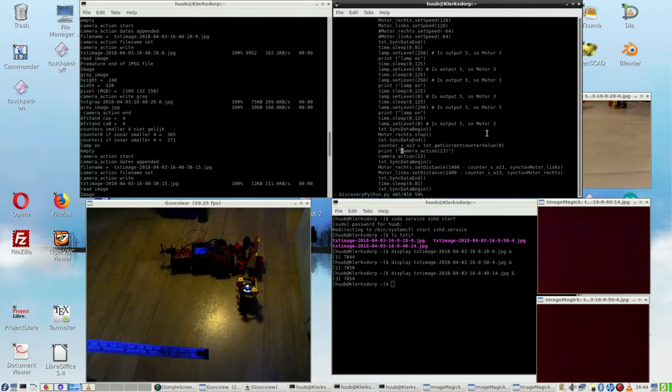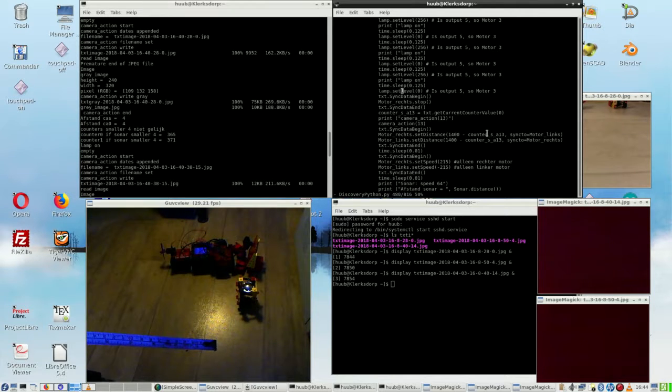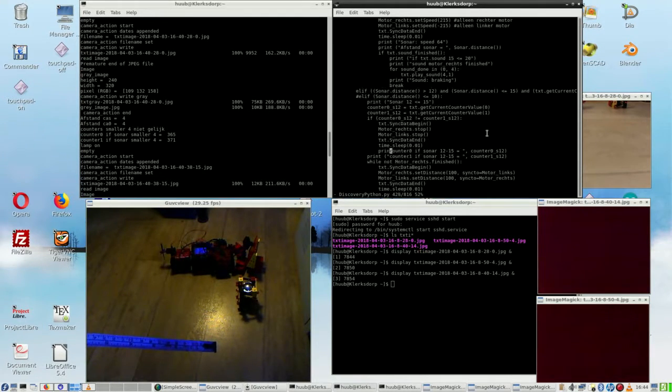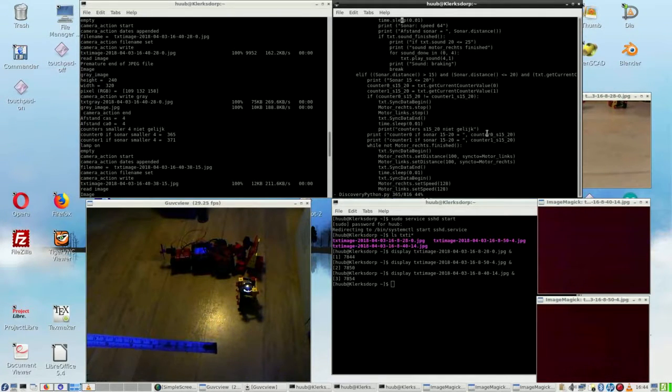It stops, reaches a counter value, yes. Does a camera action, so it takes a picture. Then it sets a distance and starts running again. And exactly the same procedure here, which is 16, 17, 18, 19 and 20.